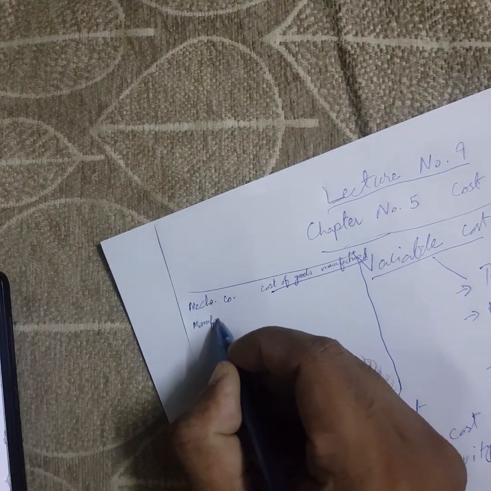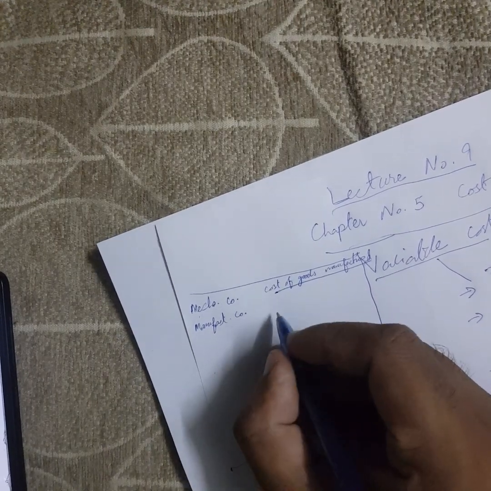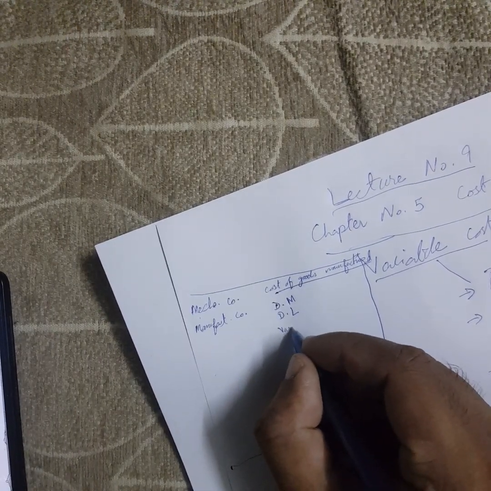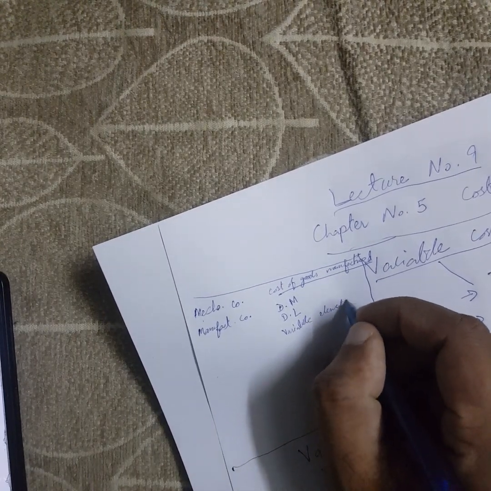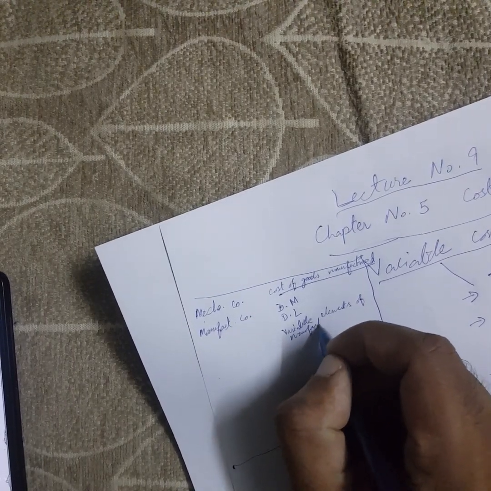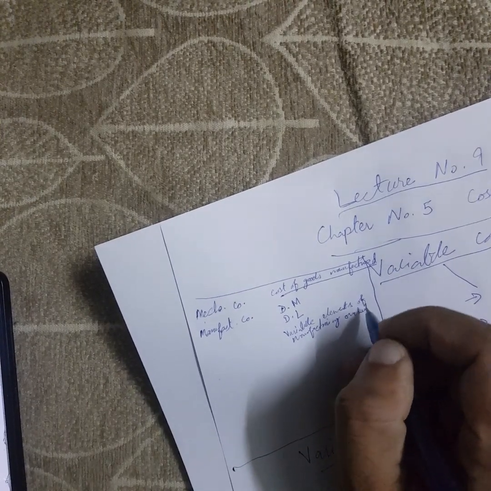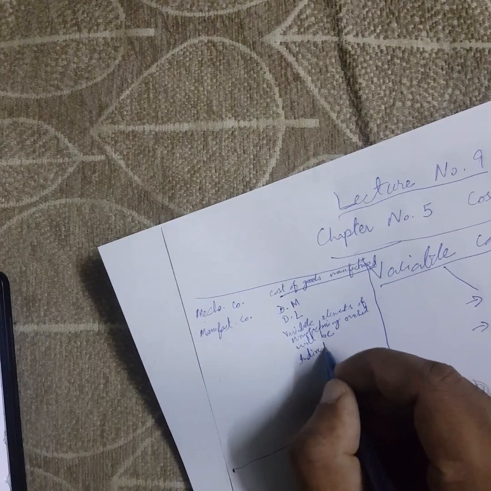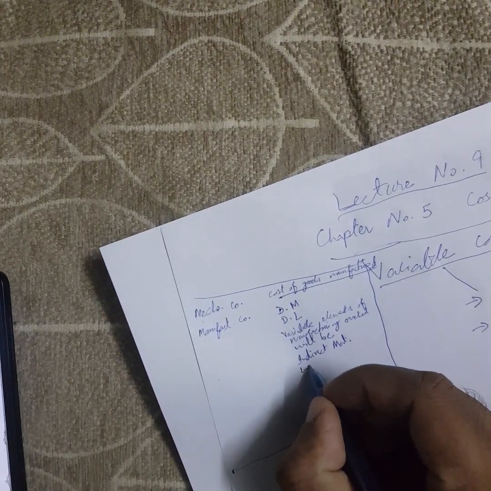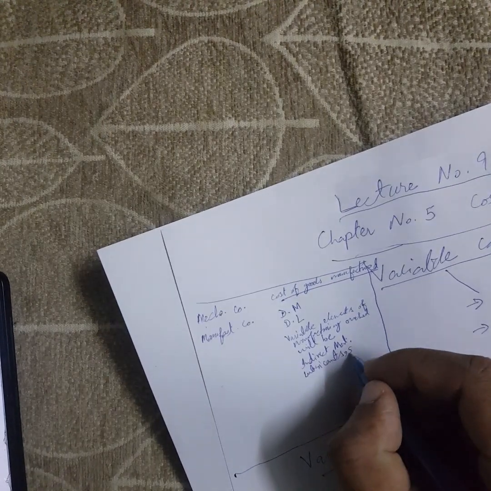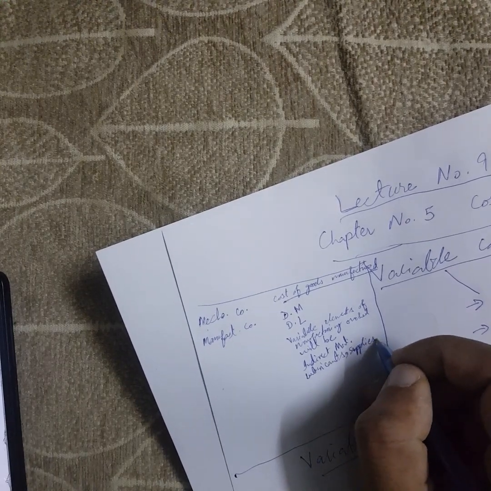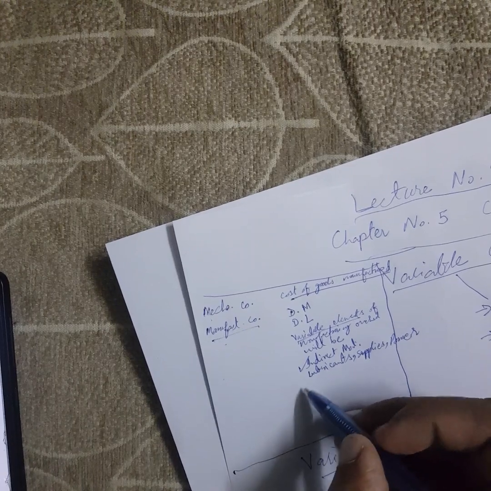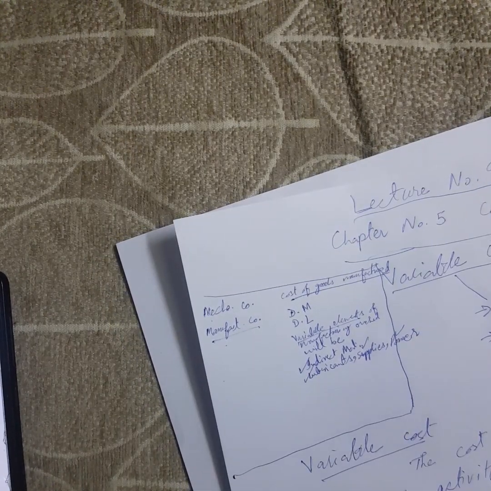For a manufacturing company, the variable cost may be with respect to direct material and direct labor, but the variable elements of manufacturing overhead will be indirect material, lubricants, supplies, and power that is utilized for the production of units.